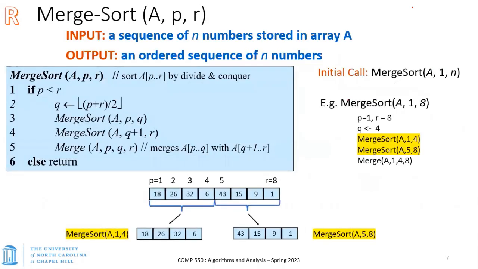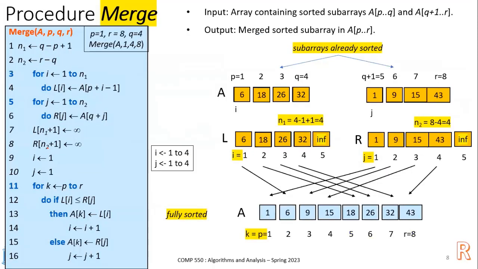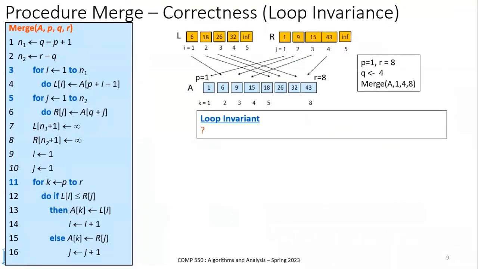We looked at two pseudocodes, one for the main merge sort, and then one for the merge function, which does the actual merging of two subarrays. It converts them into a single array, which is finally sorted. So essentially, this is where we stopped.